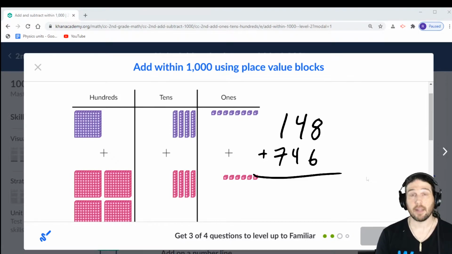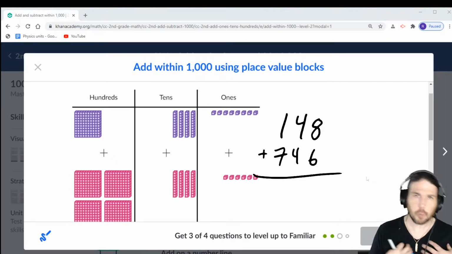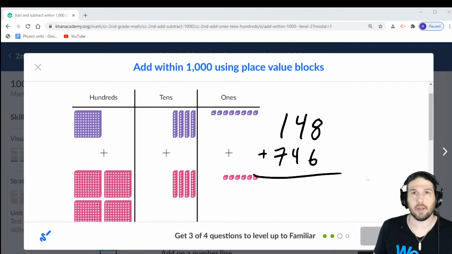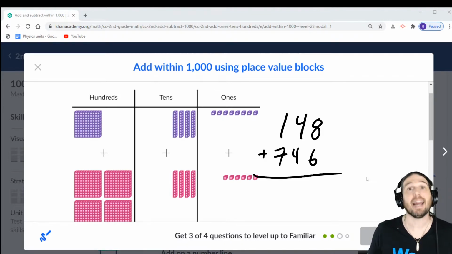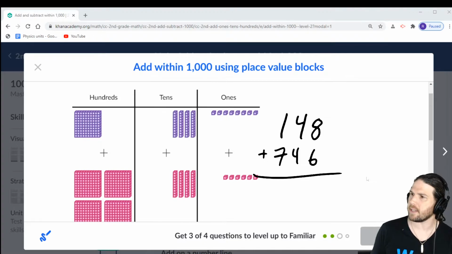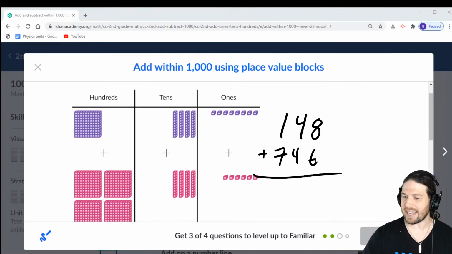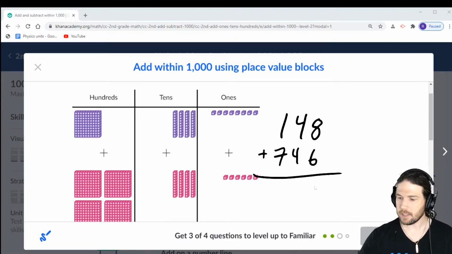Now again, like most of you grown-ups, I was raised with the carry the one kind of culture. So I don't need these visuals, but they can be very, very helpful in helping someone understand what hundreds, tens, and ones actually mean and how to combine them. So let's go ahead and do this in the way that I learned. 8 and 6 is 14, so that's 1, 4.